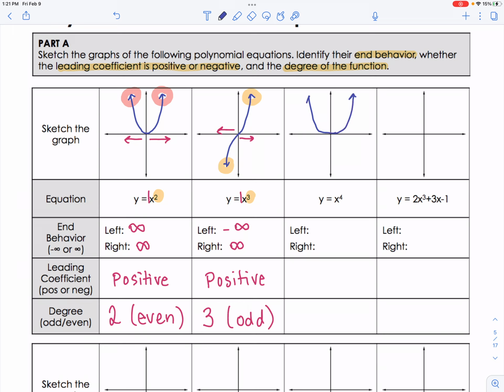As we go to the left, my graph is going up towards positive infinity. As we go to the right, it's also going up towards positive infinity. My leading coefficient is a positive 1, so it's positive. And the degree of the polynomial is 4, which is even.